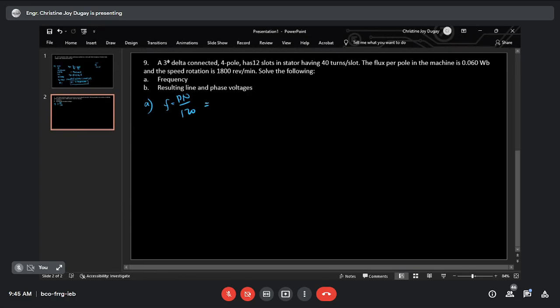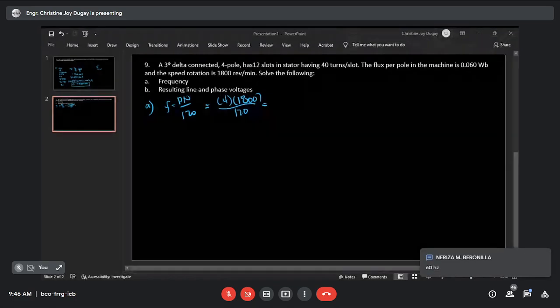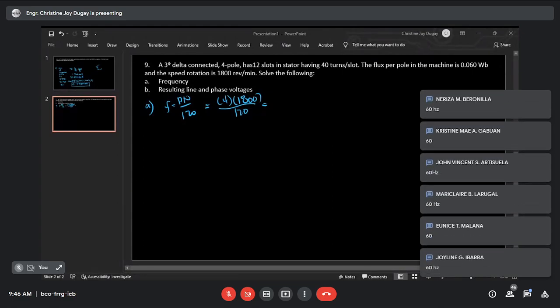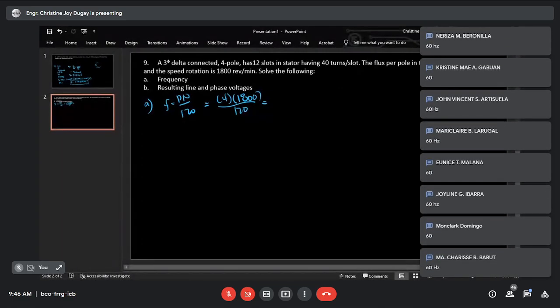That is equal to number of poles natin, which is 4, and speed natin, that is 1,800. Divide nyo lang siya kay 120. So, ilan ang frequency po natin? 60. Okay? So, 60 Hertz.